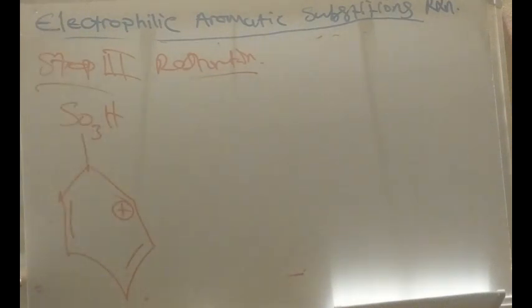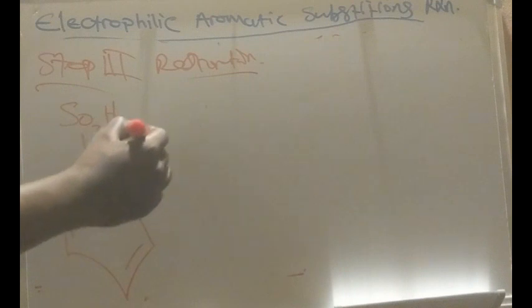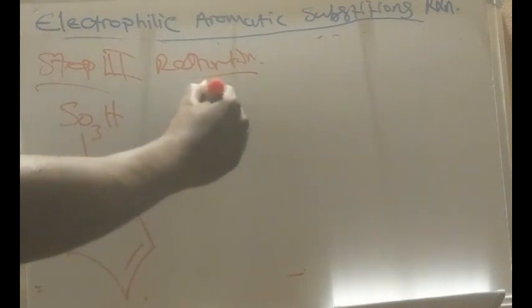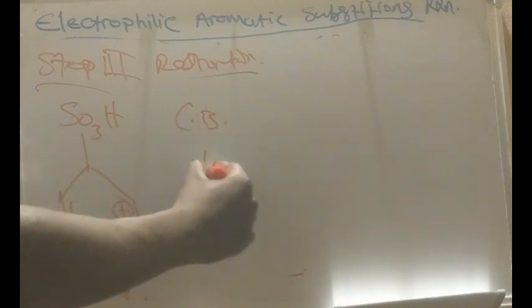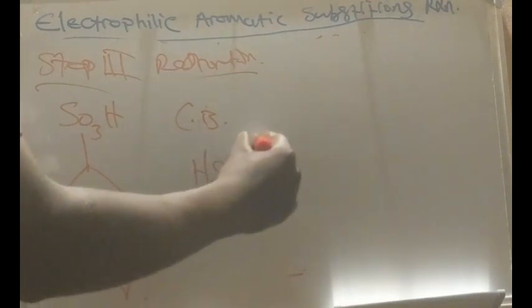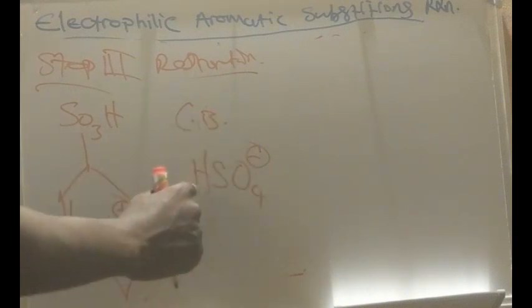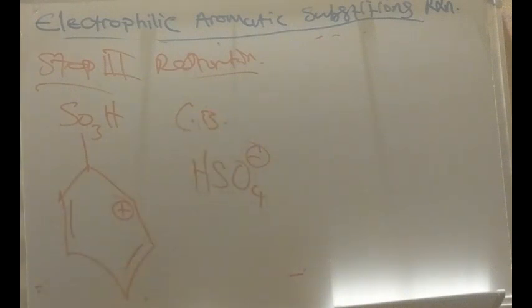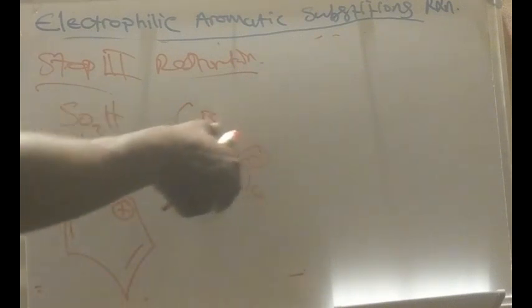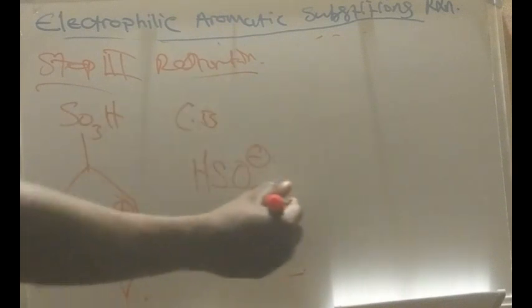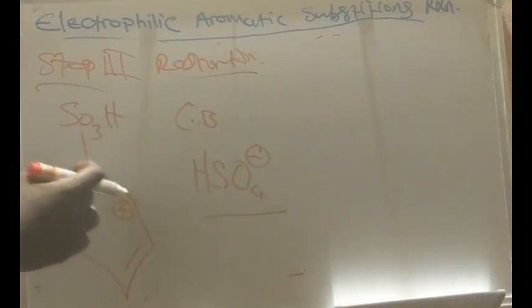Yes, so we react this with our conjugate base, and as we recall, we had formed a negatively charged HSO4, where we had removed one hydrogen to form water in the other sulfuric acid molecule. The remaining sulfuric acid molecule, which has lost a hydrogen, is our conjugate base, and we use it in restoring aromaticity.